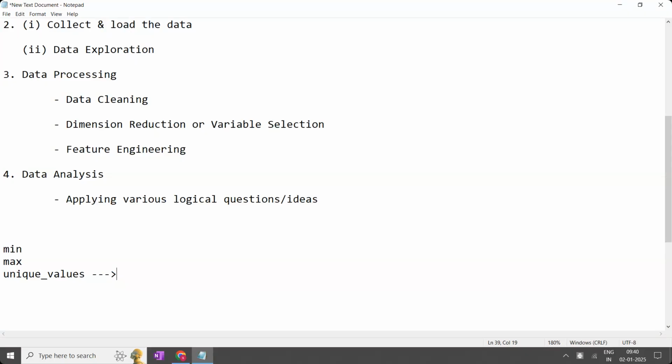For example, more students are studying from 5 to 10 hours. I want to highlight that, and then I will show it using a histogram. Whether I feel individual values or intervals make sense, according to that I'm going to select.